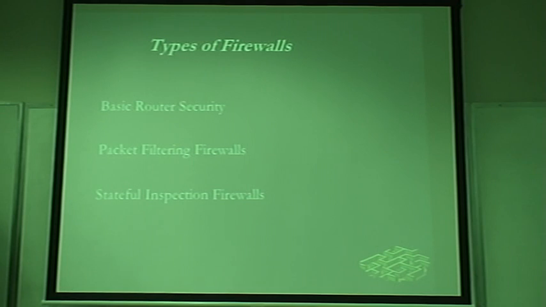NAT is 1-for-1. PAT is many to 1. Okay? So for example, I want to give usually my servers, the things that I have services on, their own IP.